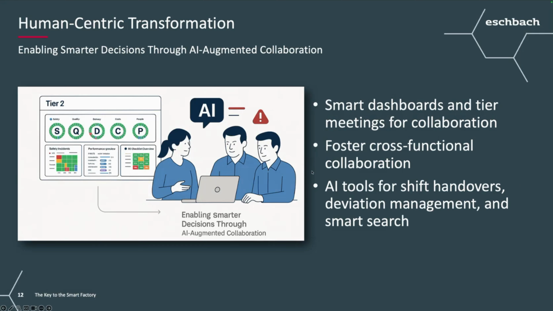And this is where we believe that digital transformation must be a human-centric transformation. We always need to be aware of what information and data humans, operators, managers, shift managers, team managers, and so on need in order to make decisions for your operations.